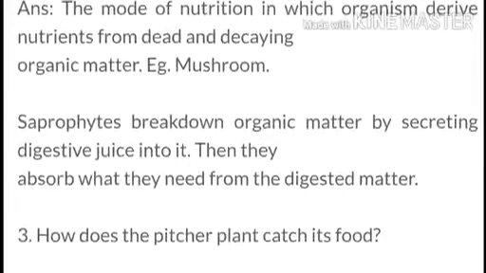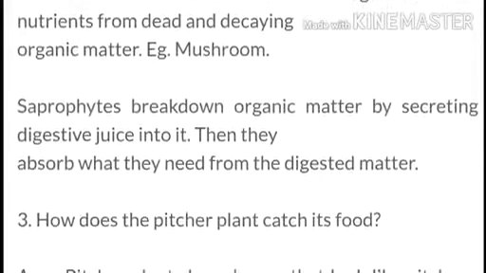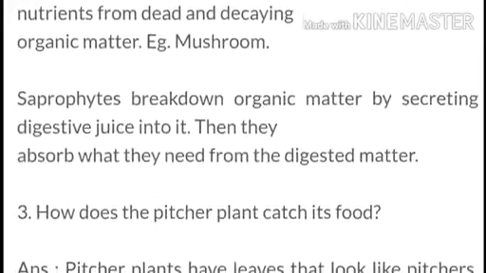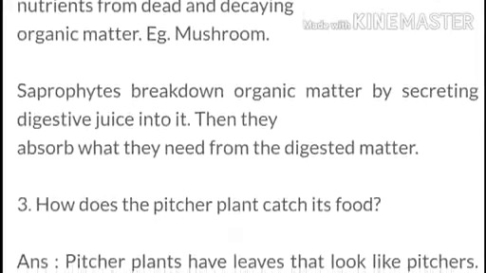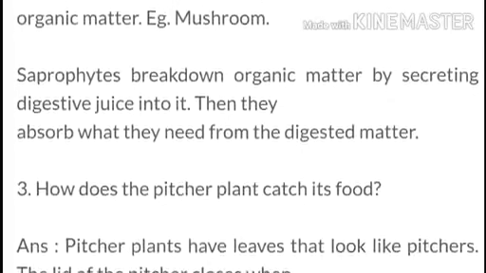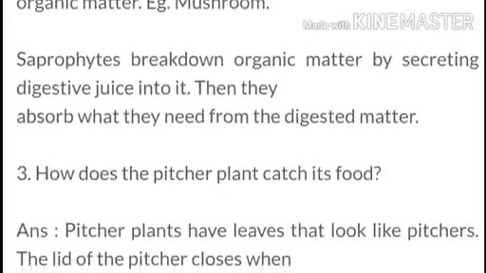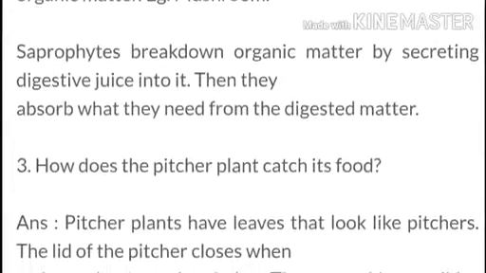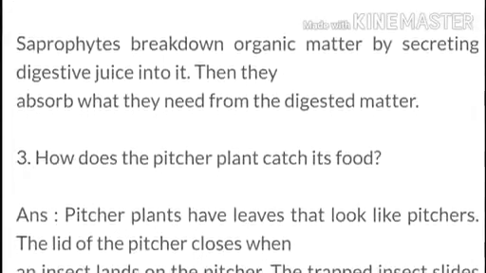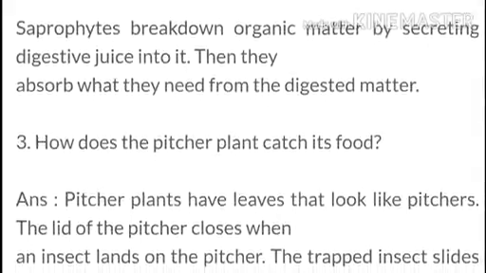Now third question: how does the pitcher plant catch its food? You know the pitcher plant is like a pot. Answer: the pitcher plant has leaves that look like pitchers. Pitcher means matka. The lid of the pitcher closes when an insect lands on the pitcher.